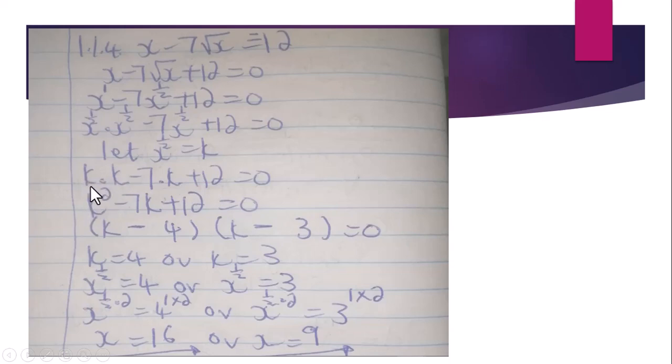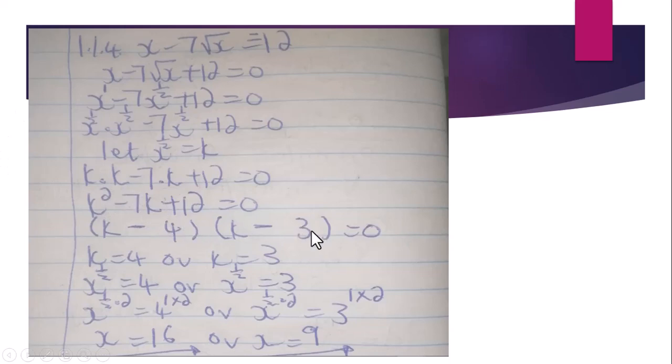And I know that k times k is k squared. When you multiply, you add the exponents. You will get the factors of 12 that can give you 7. Somebody can choose 6 and 1, 6 and 2. But with 6 and 2, you're going to have a problem because you cannot get 7.